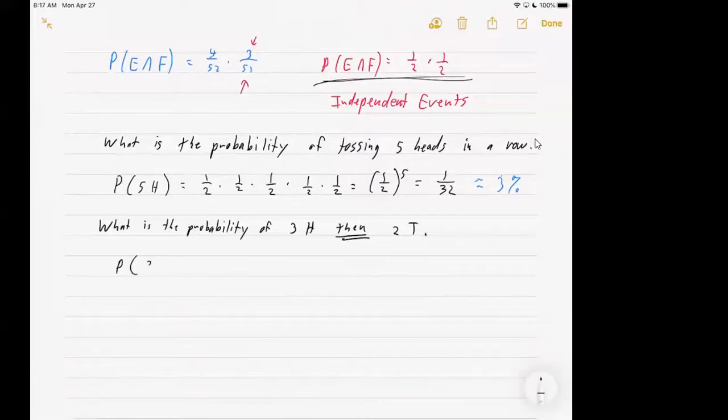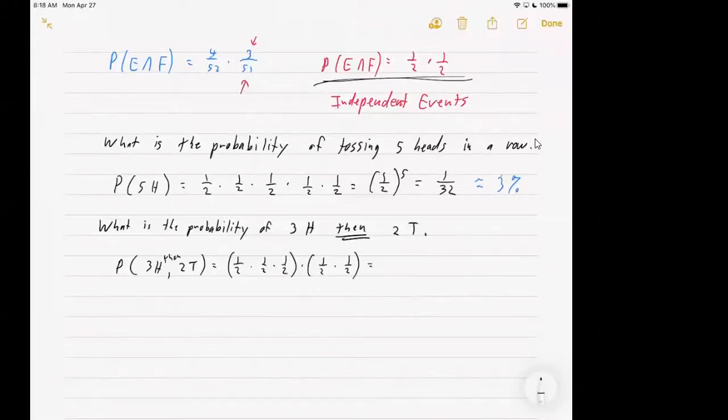So we're going to have 3H, comma, 2 tails. The order matters, okay? I probably should put the word then in here, because what is the probability of getting a heads on the first toss? It's 1 in 2. On the second toss, it's 1 in 2. And on the third toss, it's 1 in 2. Those are my probabilities for getting heads. And then what are the probabilities of getting tails? On the fourth toss, it would be 1 in 2. And in the fifth toss, it would be 1 in 2 of getting tails.